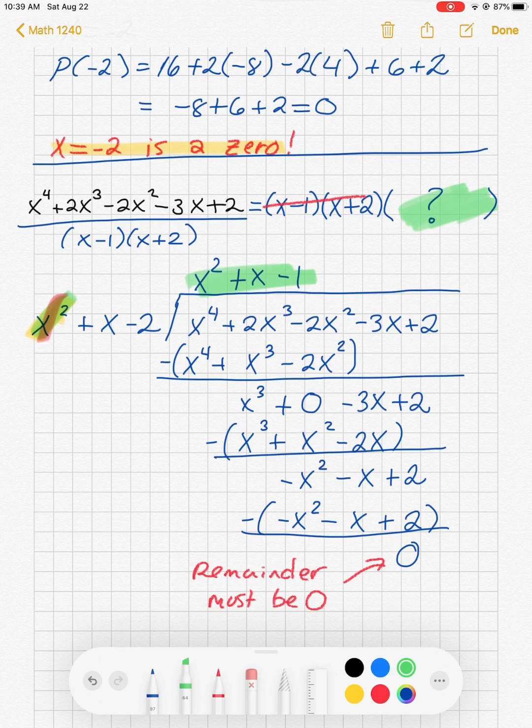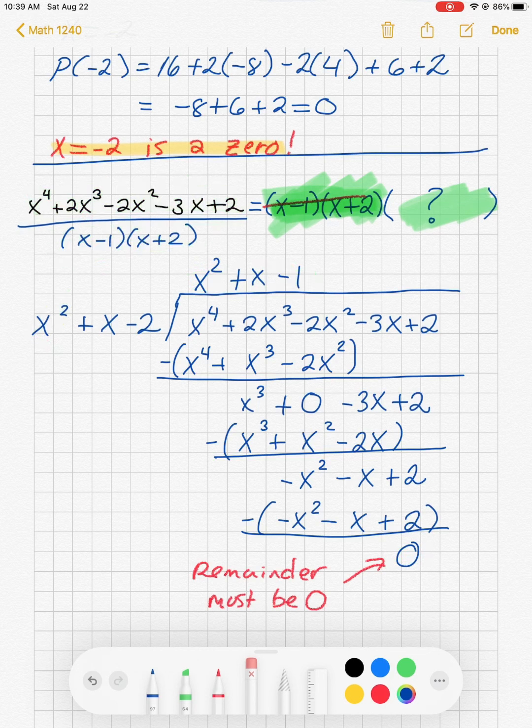So what we're saying is that this expression here is divisible by this expression because these two things are factors, right? So if I got a remainder that wasn't 0, it would mean that this numerator is not divisible by this denominator. So that would mean that these guys were not factors. We would have done something wrong. Okay, so luckily we got the 0.